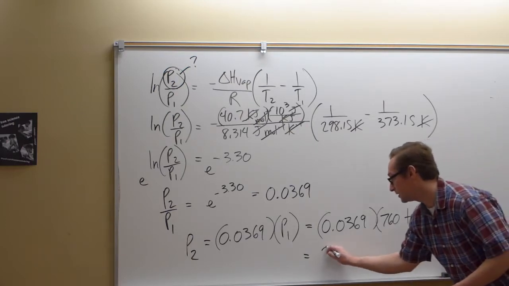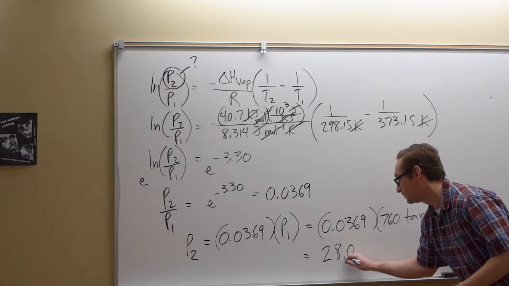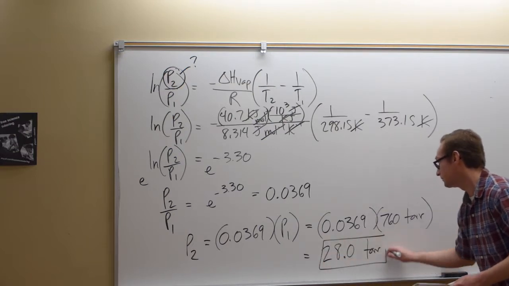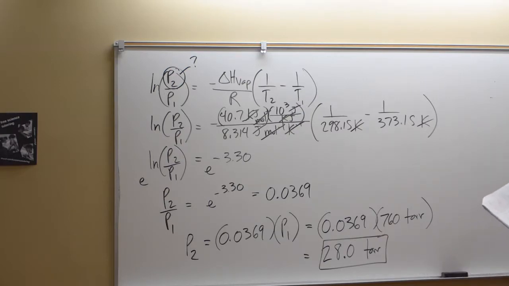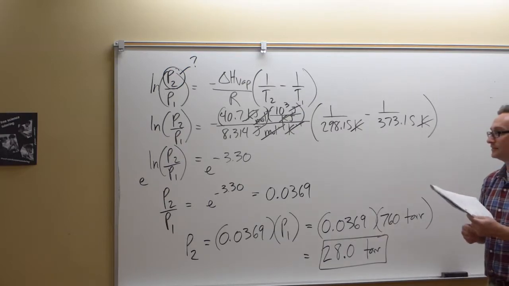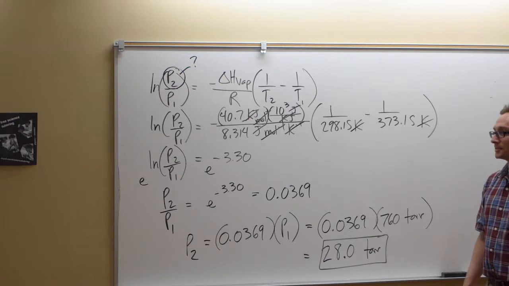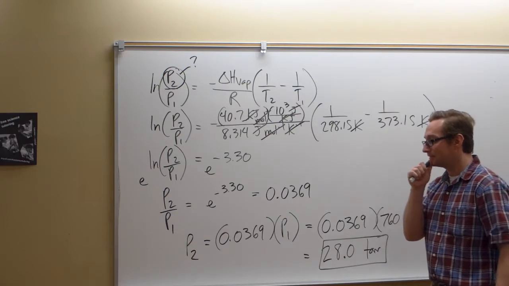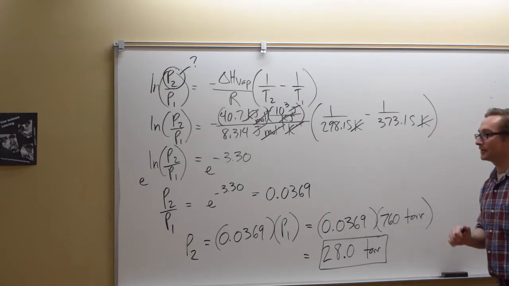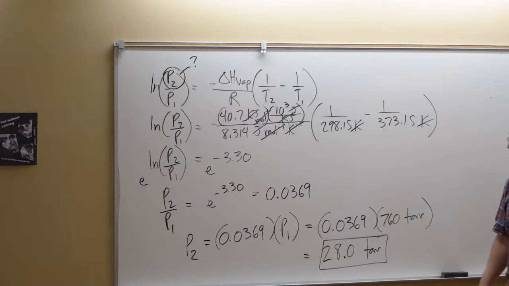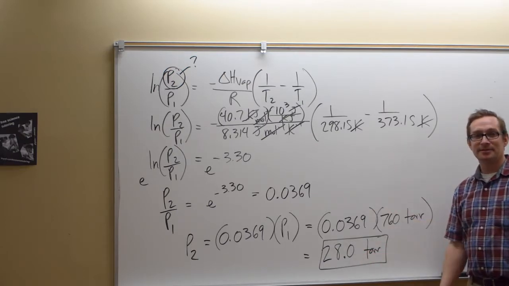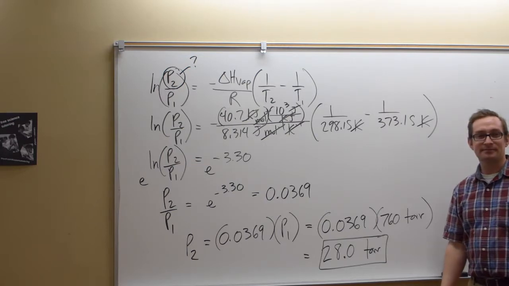So this is coming out to be 28.0 torr. So does that answer make sense? Well, at 100 degrees Celsius, we have a vapor pressure of 760 torr. At 25 degrees Celsius, it's 28 torr, right? The vapor pressure went down. So at least from that standpoint, the answer makes sense.